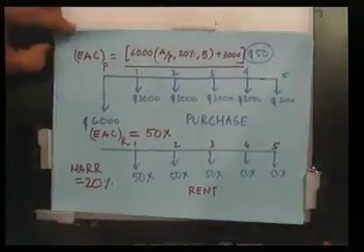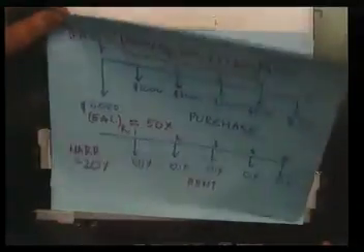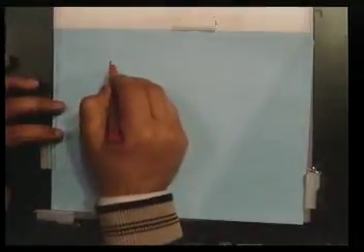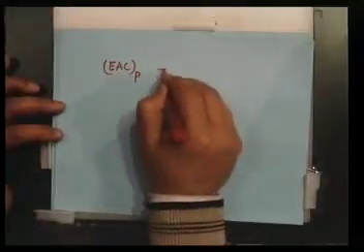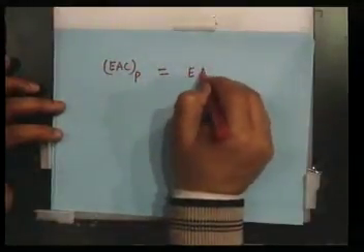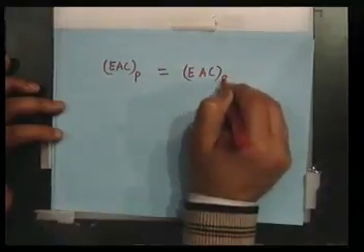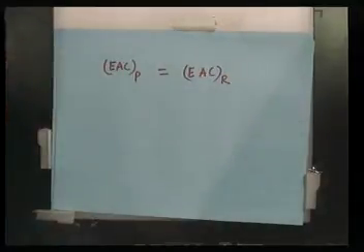Now, when I equate both of them, that means if I equate EAC of P to EAC of R, what does this mean? We are trying to find that particular point at which I am becoming indecisive.